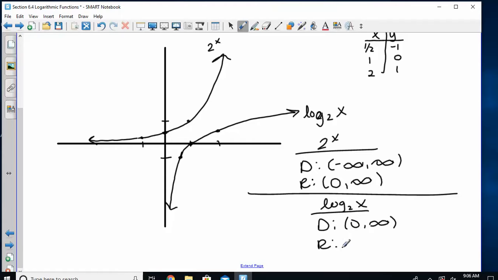The range is going up and down forever, it's -infinity to infinity. So notice the domain of the first is the range of the second, range of the first is the domain of the second. So these are inverses of one another.